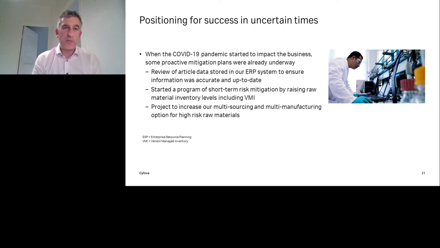We'd started a program to look at short-term risk mitigation initiatives, and this was focused very much on raising raw material inventory and including vendor-managed inventory. And we'd also started a project to increase the number of multiple sources and multiple manufacturing options with the same source that we had for our high-risk raw materials.